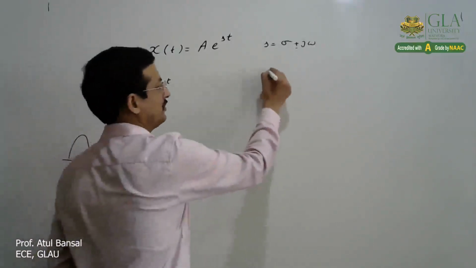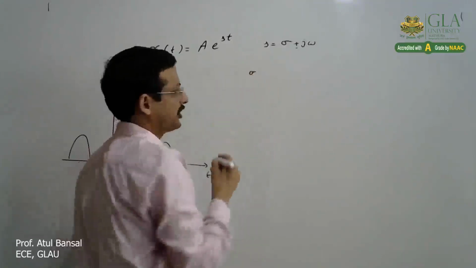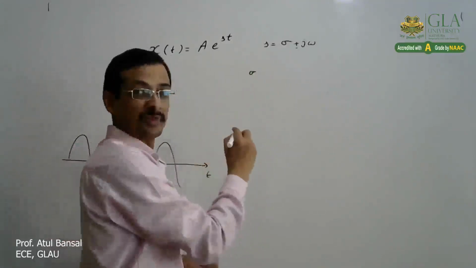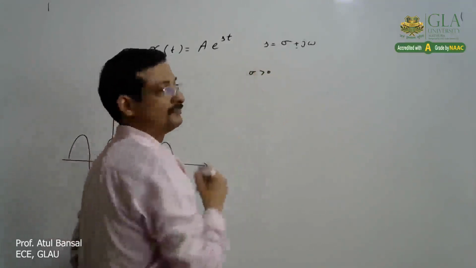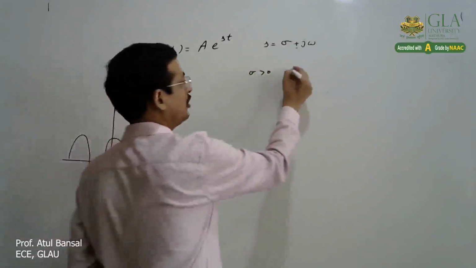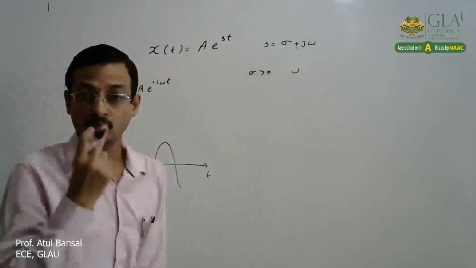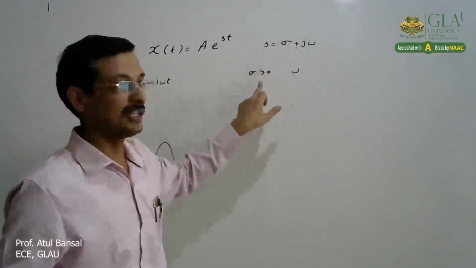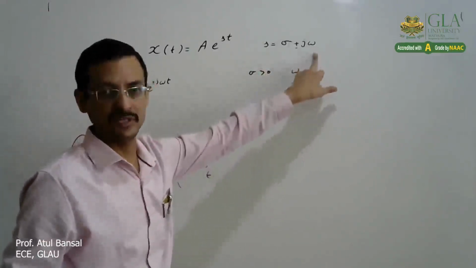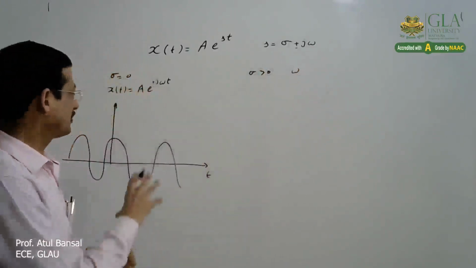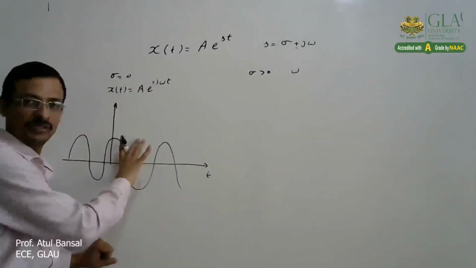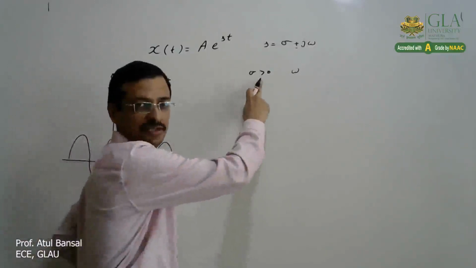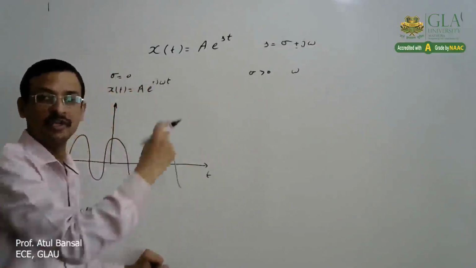But if sigma is not 0, say sigma is greater than 0, and we have some value of omega, so what will happen? It is a combination of two things. One is the real part, which is greater than 0, and it also has some imaginary part. Now, due to the imaginary part, the signal will have the shape of a sinusoid, but due to the real part being greater than 0, this will be an exponentially growing signal.